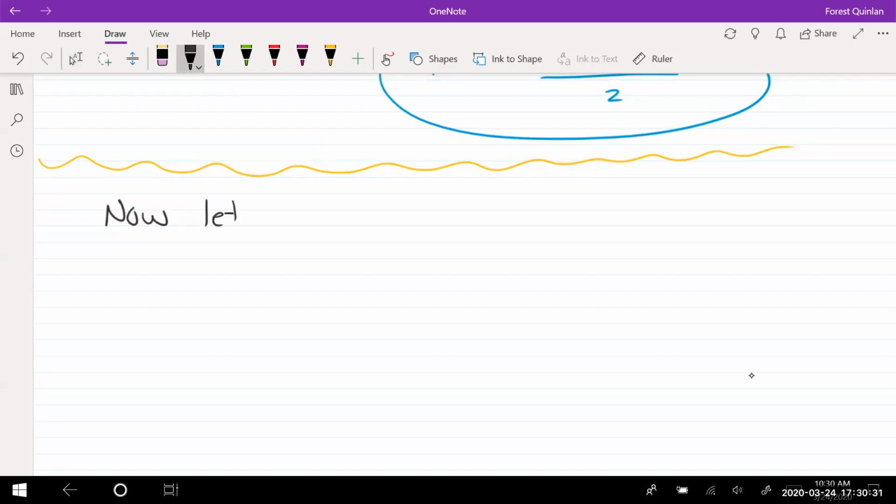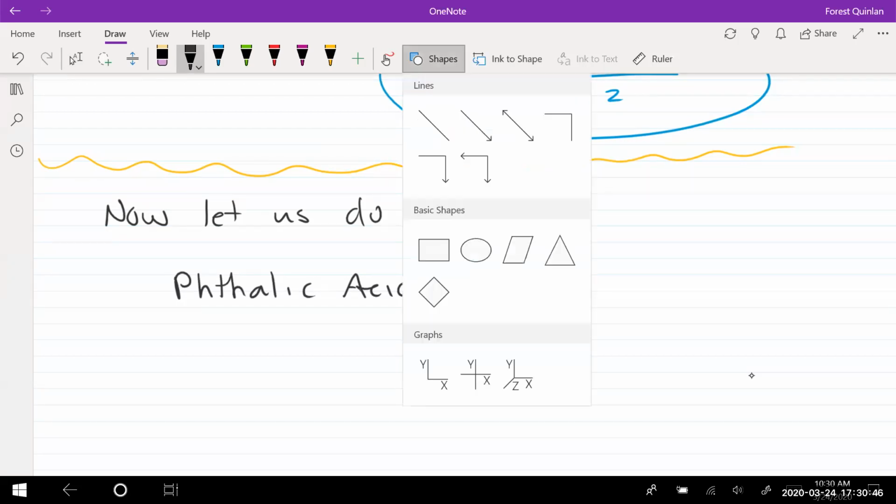Now, let us do one. Let's look at phthalic acid. Do I have another shape in here? Oh, I don't have a hexagon.